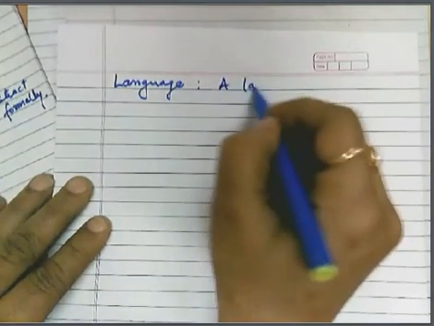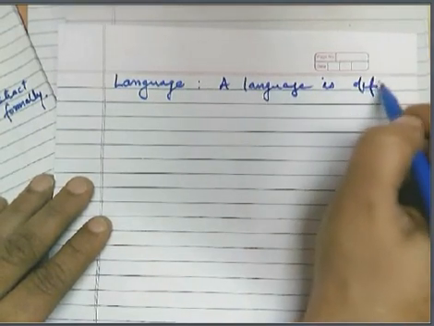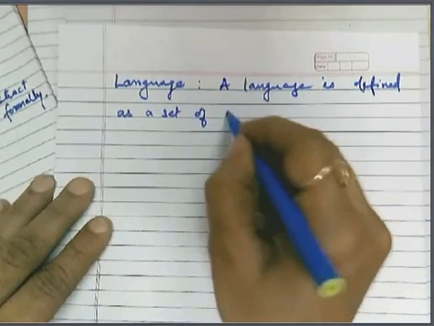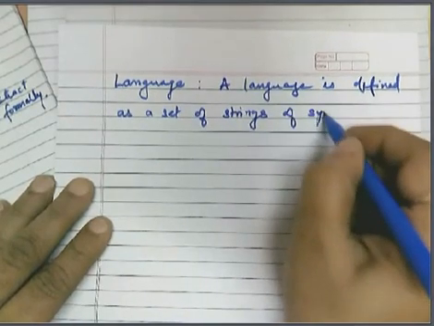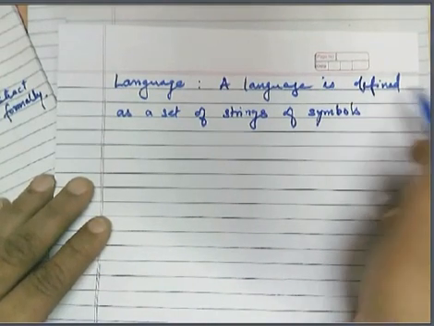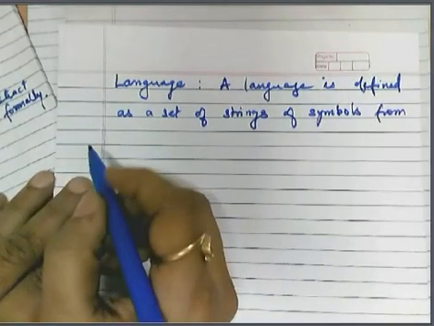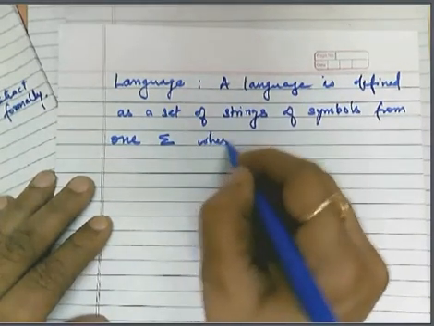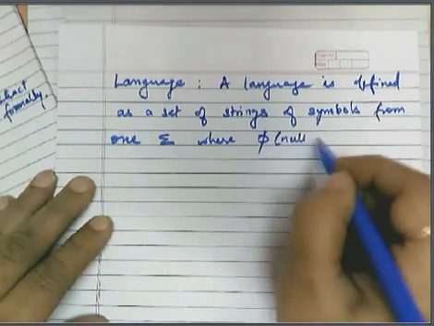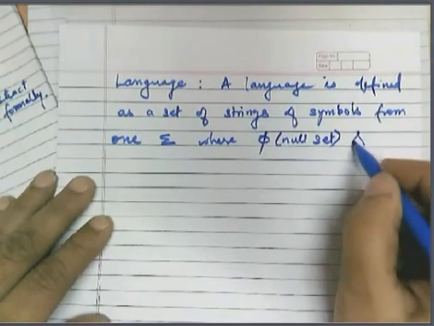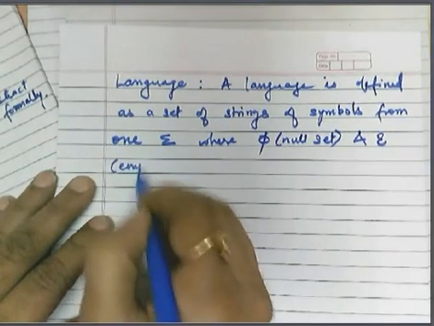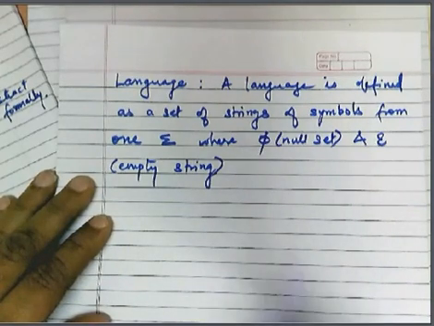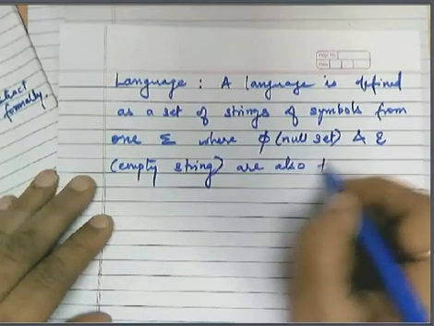So a language is defined as a set of strings of symbols from one alphabet, where the null set and the empty string are also languages.